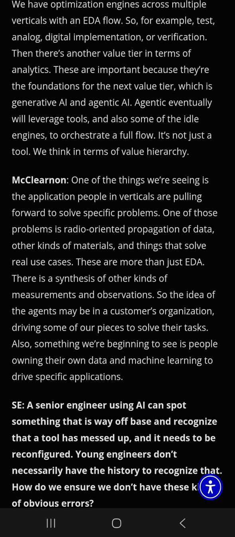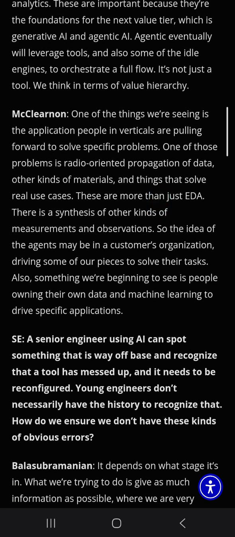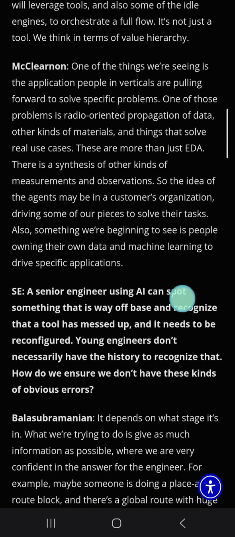There is synthesis of other kinds of measurements and observation. So the idea of the agent may be in a customer organization, driving some of our tools to solve their tasks.